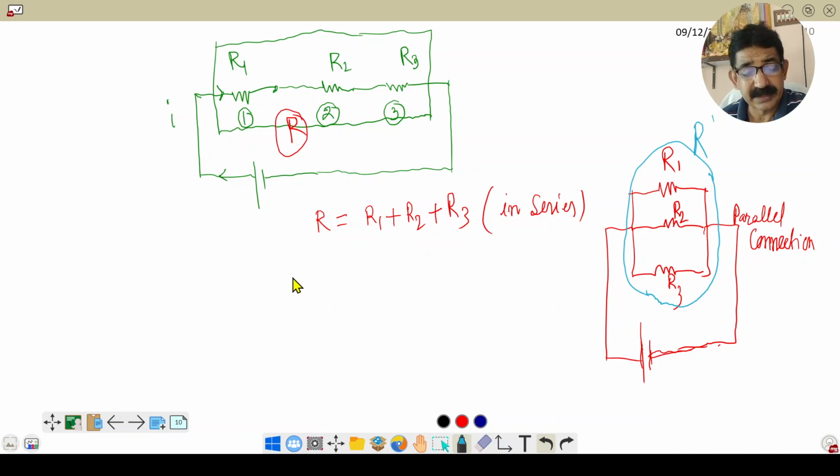Then we can write 1 by R is equal to 1 by R1 plus 1 by R2 plus 1 by R3, in parallel.